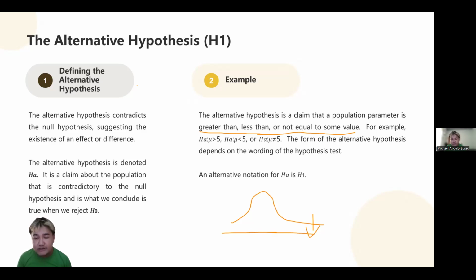So when it's greater than, it's the right tail. When it's less than, it's the left tail. When it's not equal, meaning both tails, both right and left.